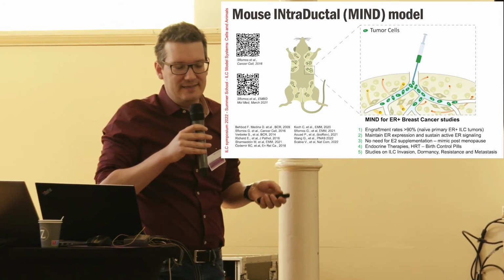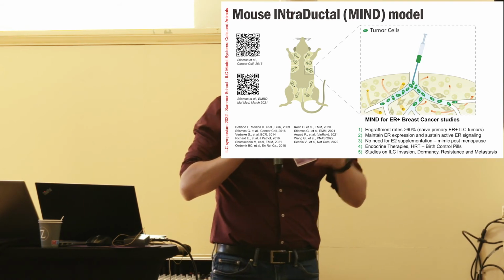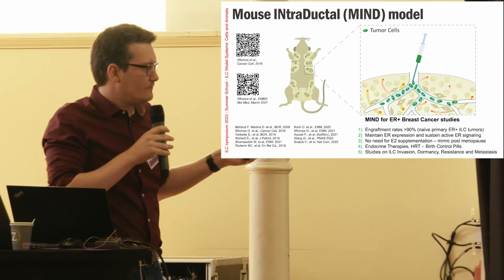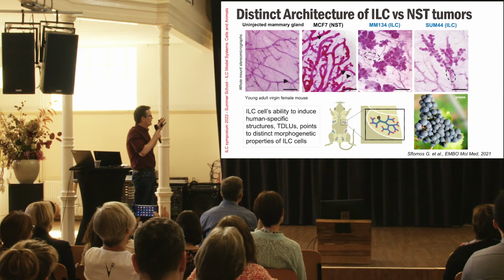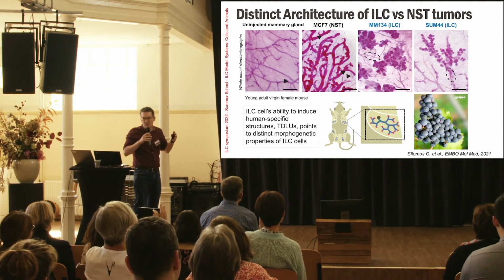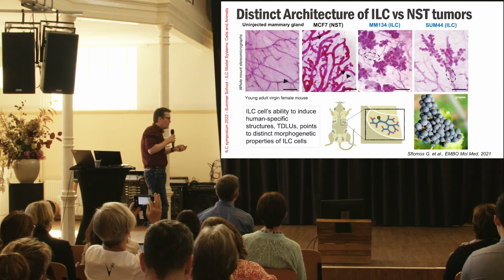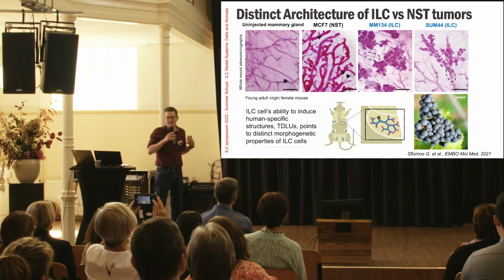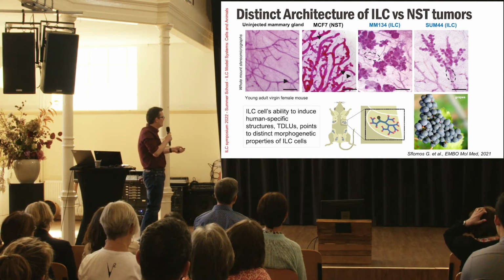I just want to highlight here again the difference between NST and lobular carcinoma cell lines. Here we see again the morphology of those. These are milk ducts, mouse milk ducts. We see that if we inject NST cells, they will grow and dilate the milk ducts, but they will spare the tip of the ducts here.